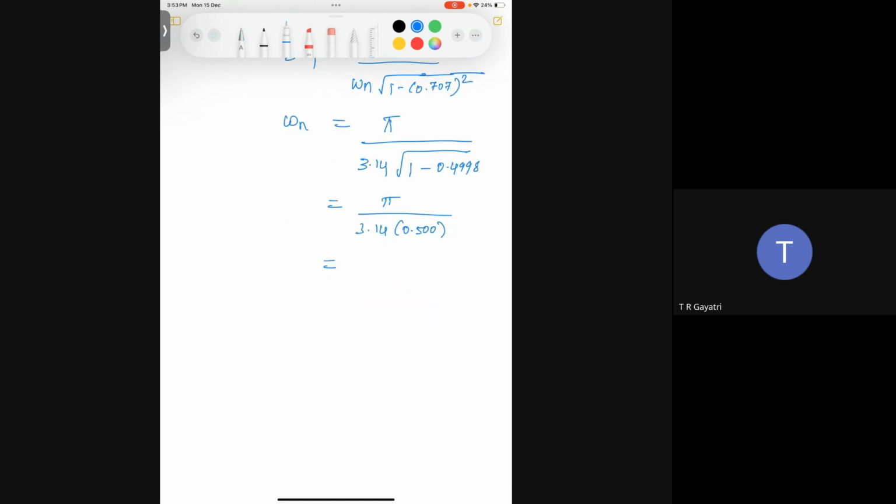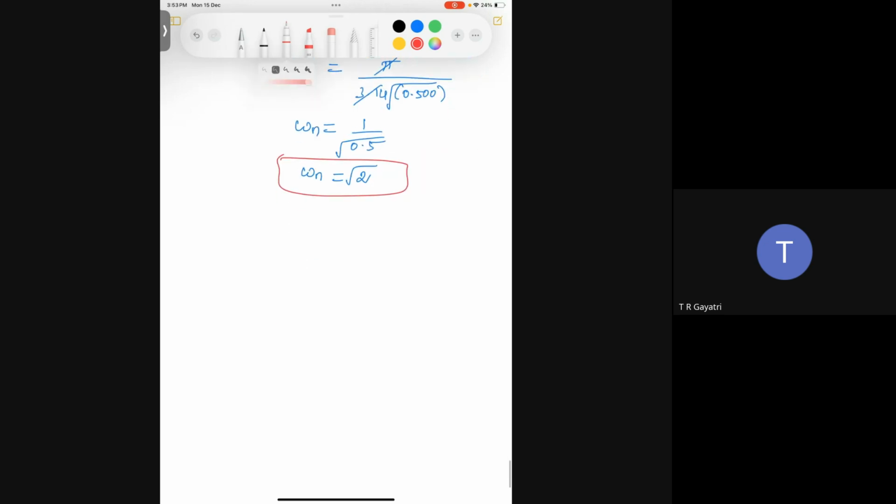So into 3.14. This is 3.14, this is 3.14, it is 1 by 0.5, easy for us to calculate. And this will give me 2. Oh, the square root is there, no? So it will be root 2. So your omega n is root 2.